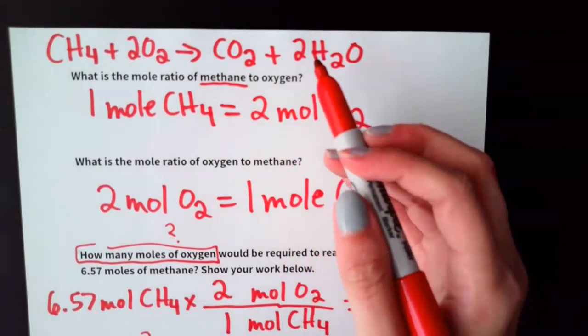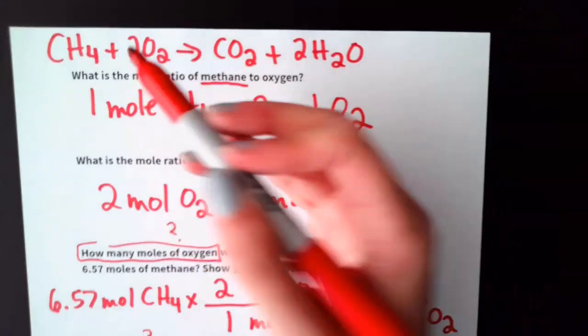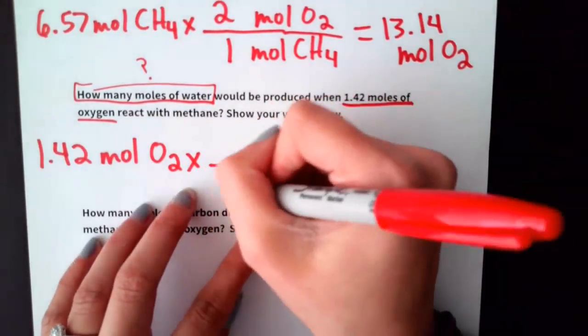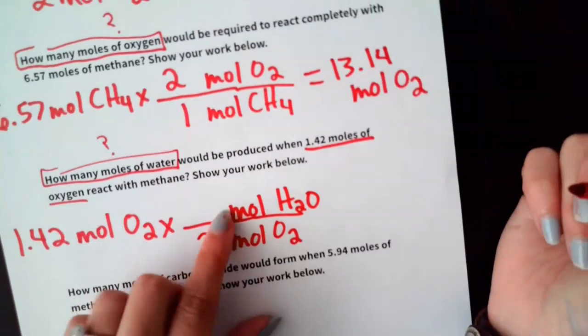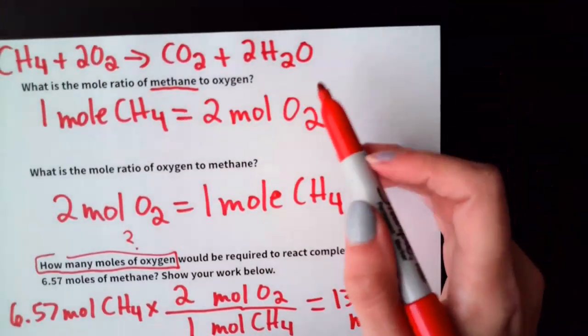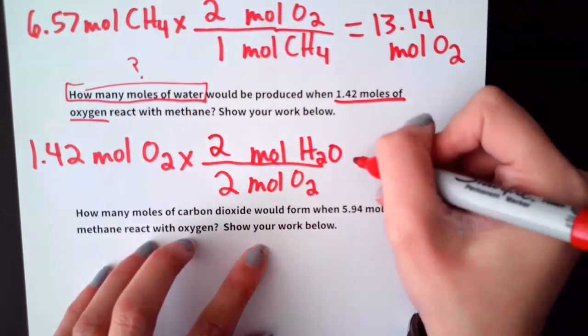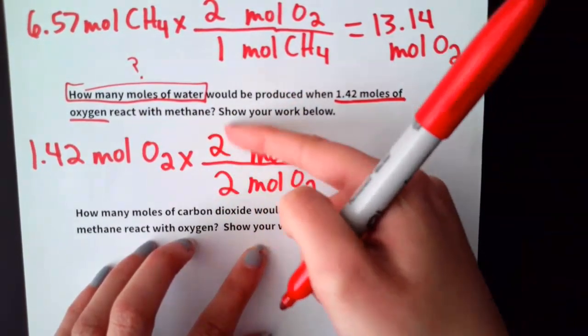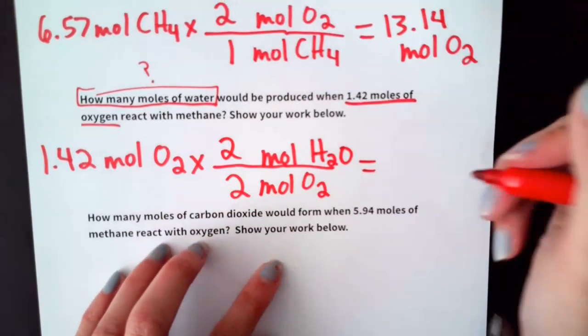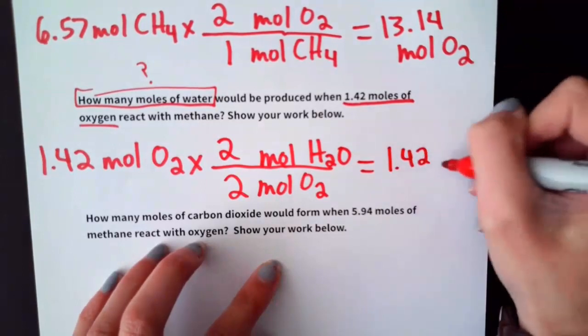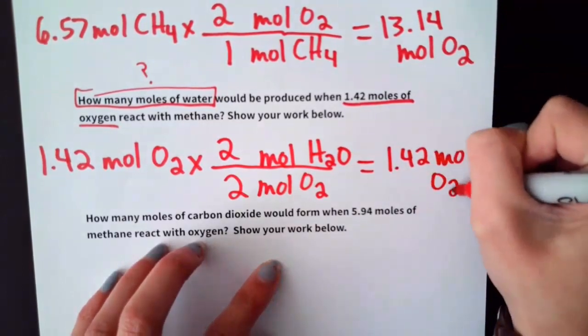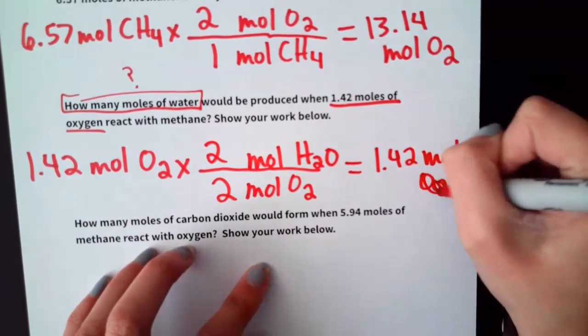So we see that 2 is the coefficient for O2, so we put a 2 right there. We look up here for moles of H2O, its coefficient is a 2. We know that 2 divided by 2 is just going to be 1, so this answer is going to be 1.42 moles of H2O.